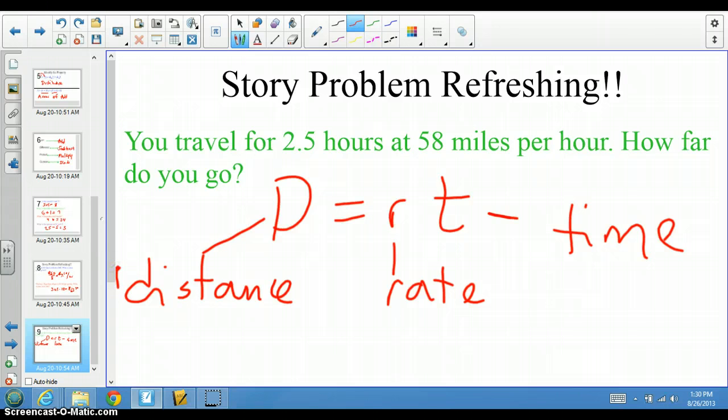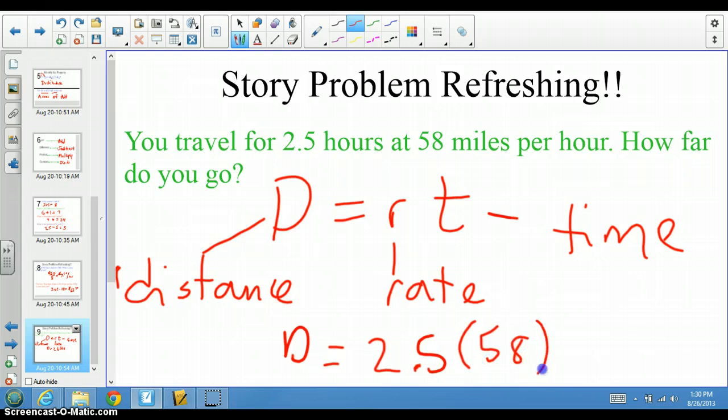So distance here, we don't know the distance. We need to find it. I'm sorry, our rate is 58 miles per hour and our time is 2.5 hours. So 58 times 2.5, I get 145 miles. Make sure you label it.